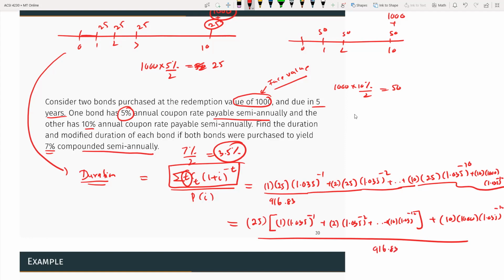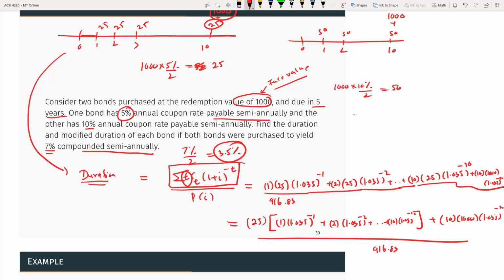Right away, you can see that this is going to be a really time-consuming calculation. So we need some kind of Excel sheet or something. In the exam, it would be a simpler question for exam FM, because they can ask something simpler. In this case, 1.035.